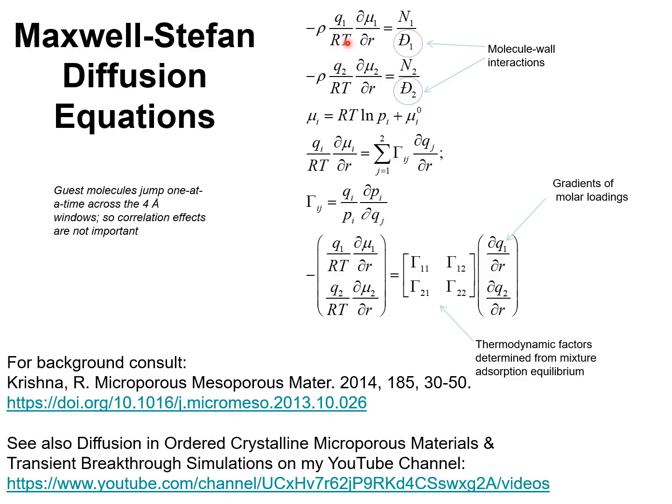R is the gas constant, T is the temperature, and N1 and N2 are the intra-crystalline diffusion fluxes. D1 and D2 are the intra-crystalline diffusivities of 1 and 2 that signify molecule-wall interactions.